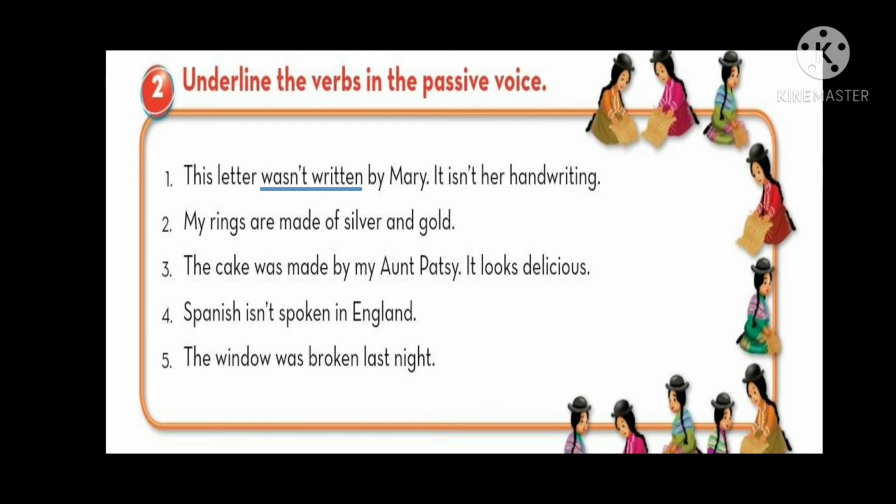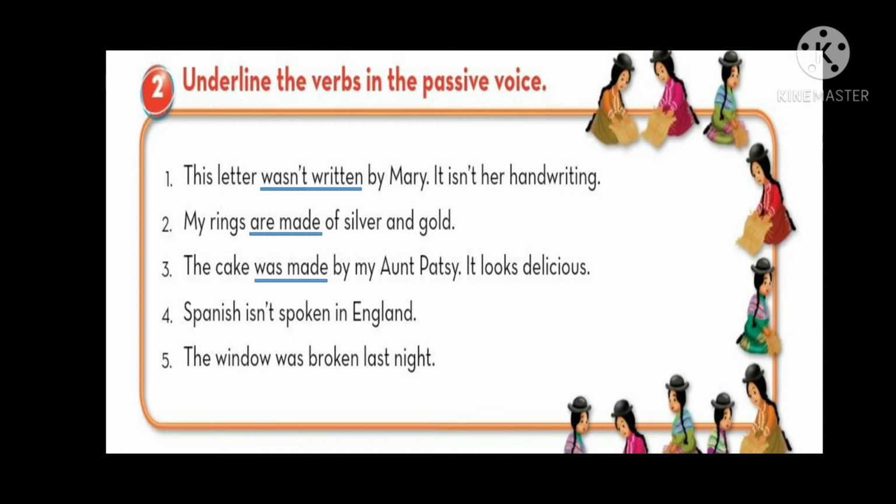Again when we talk about material, لما نحكي عن المادة المصنوع منها الشيء, we use the present form. So are made, verb to be plus verb 3. Are made. So underline are made. Number 3, the cake was made by my aunt Patsy. It looks delicious. So was made. So verb to be plus verb 3, and this is the passive form. So please underline it.